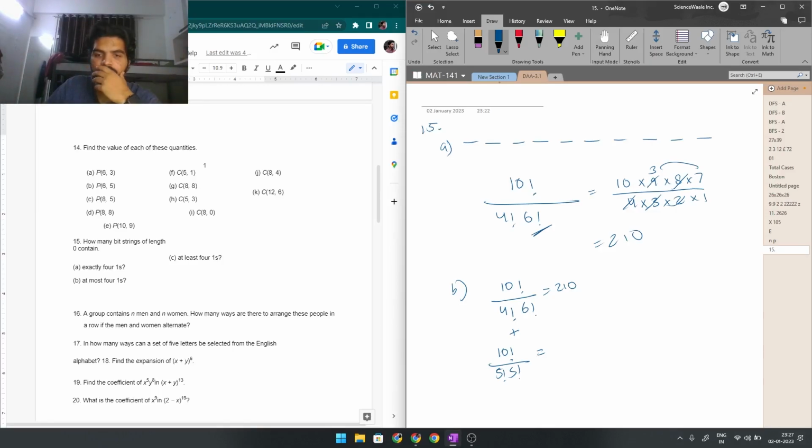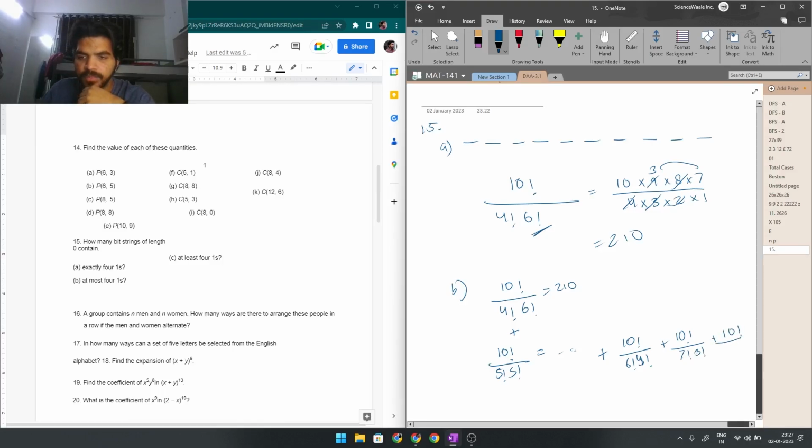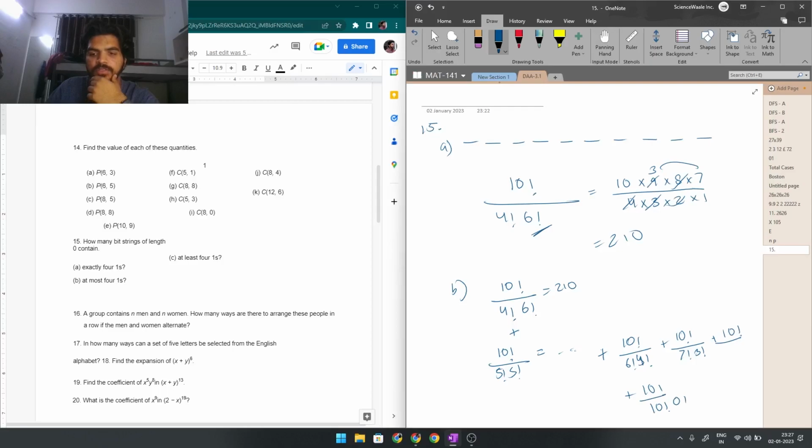That is something you can solve. Plus 10 factorial upon 6 factorial, 4 factorial. Plus 10 factorial upon 7 factorial, 3 factorial, and so on, up to 10 factorial upon 10 factorial, 0 factorial. 0 factorial is 1. So 10 factorial upon 10 factorial, this term will be 1.